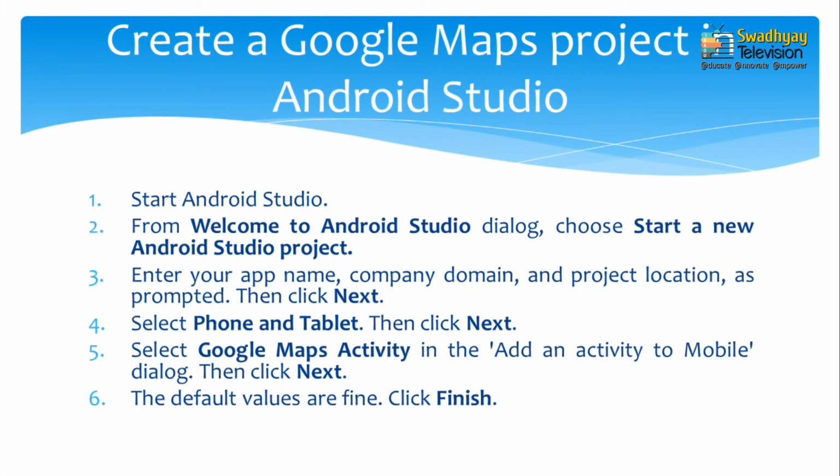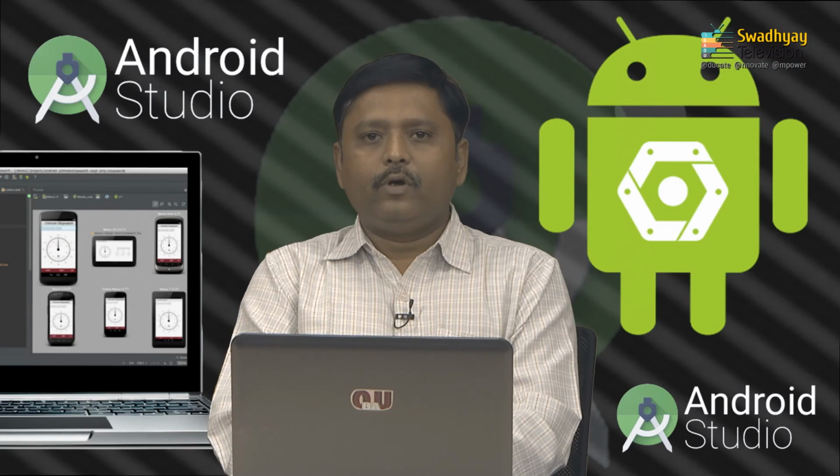Then you have to select phone and tablet and then select the next button. Now, instead of creating a blank activity, here we select Google Map activity and then click next. Finally, we use default values and then press finish. So, these 6 steps you have to follow for creating a Google Map project in Android Studio.